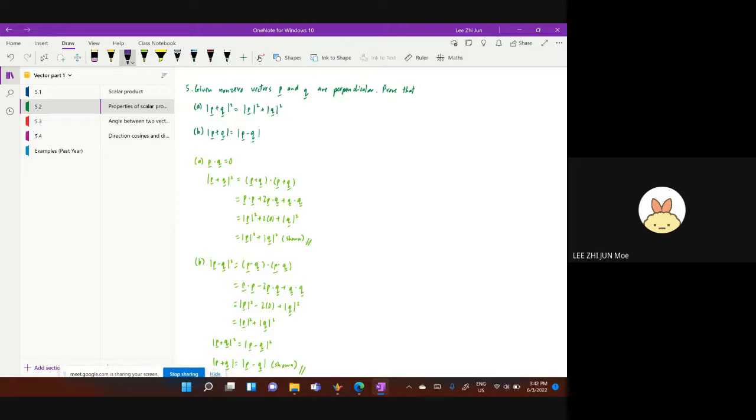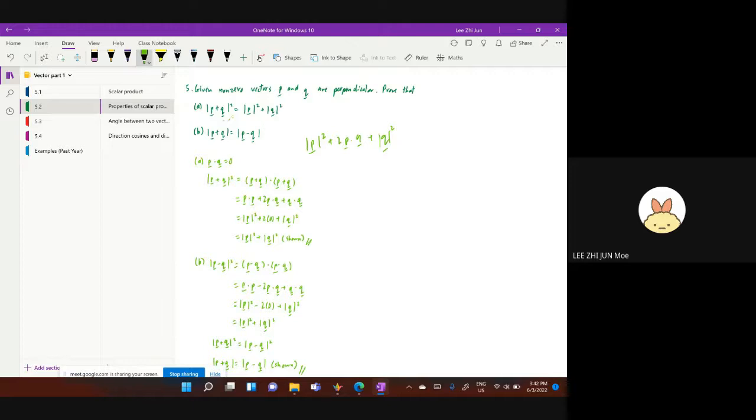Before that, we need to factorize it. So we factorize (P plus Q) squared and we will get P squared plus 2 P dot Q plus Q squared.